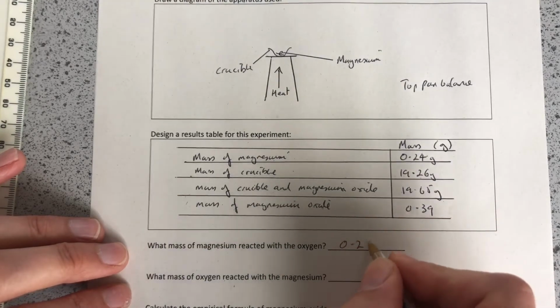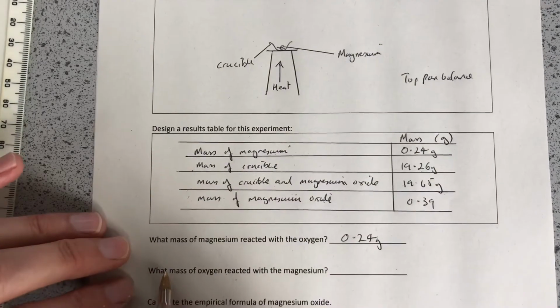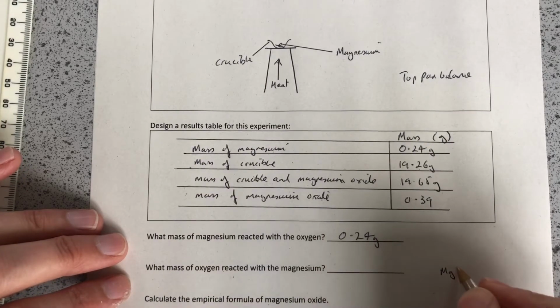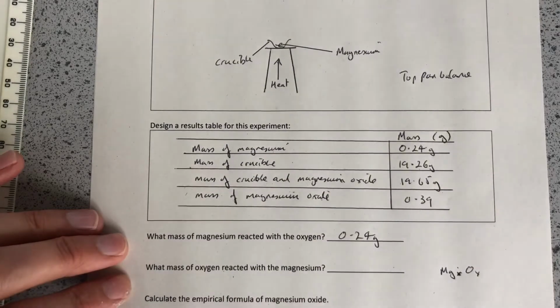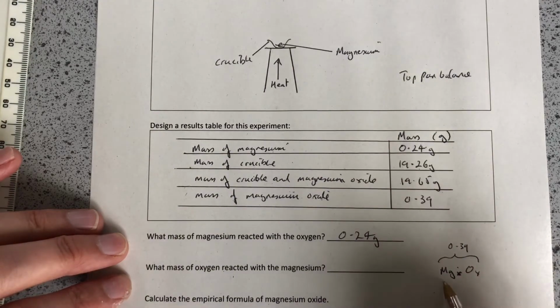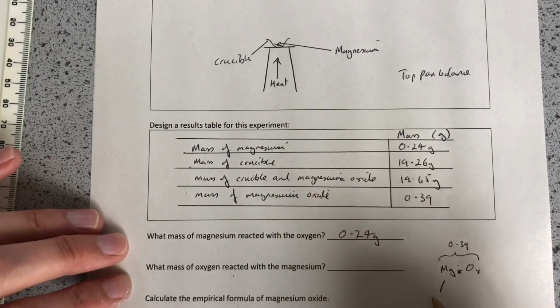So what mass of magnesium reacted with the oxygen? 0.24 grams. What mass of oxygen reacted with the magnesium? What we've got figures for is magnesium oxide. I'm just going to put that as MgxOy because we're trying to figure out what these numbers are. We know the mass of the magnesium oxide is 0.39 in total. We know that 0.24 of that is magnesium, so the difference between 0.24 and 0.39 has to be the oxygen.